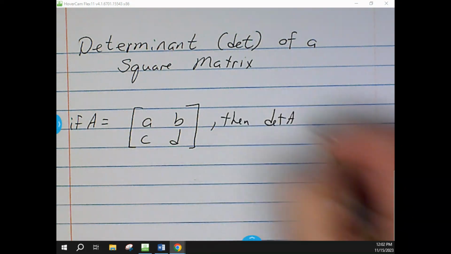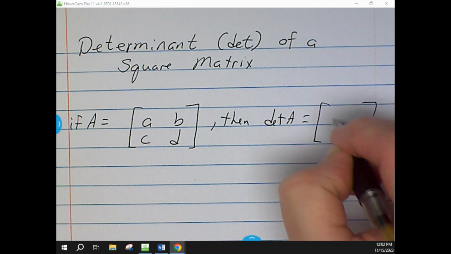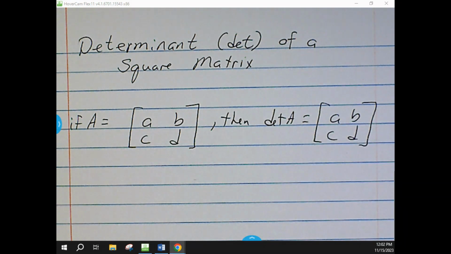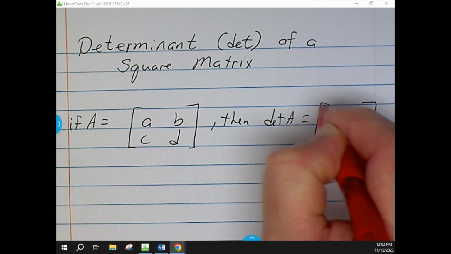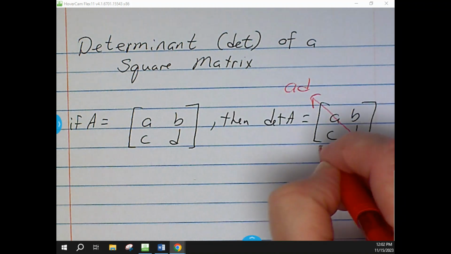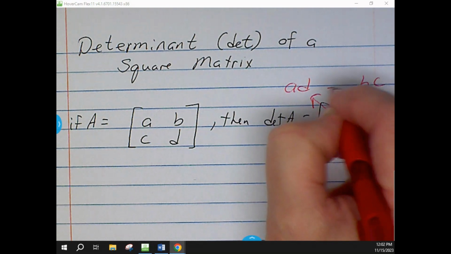So if they ask you to find the determinant of A, all you do is take whatever matrix they give to you, and we're going to take you back to your cross product days. So we're going to multiply A times D, and then B times C, and all you're going to do is you're going to subtract those two numbers.